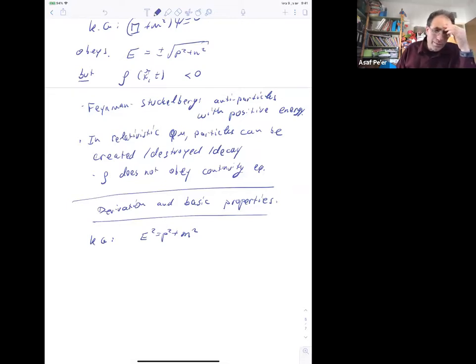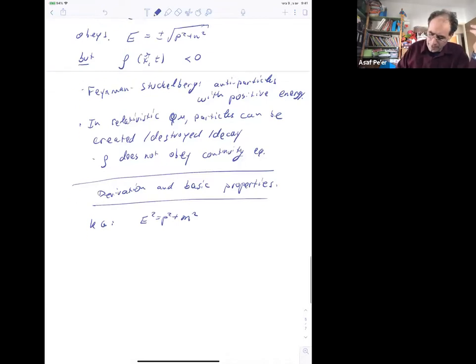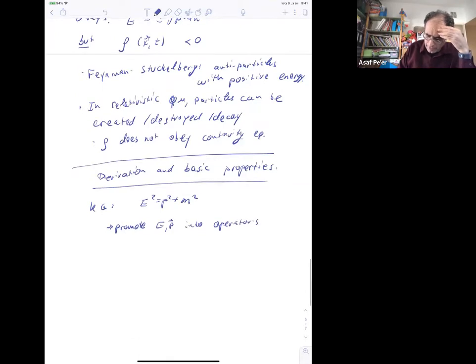The problem is that we have E squared and p squared, so we end up with second order derivatives.